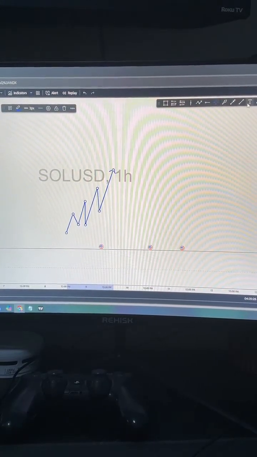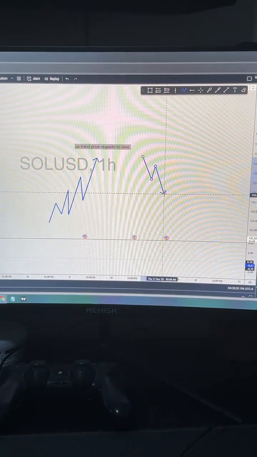Either way, what is it going to do? It's going to respect its lows. In an uptrend, price respects its lows. In a downtrend, you're going to have a lower high and a lower low.